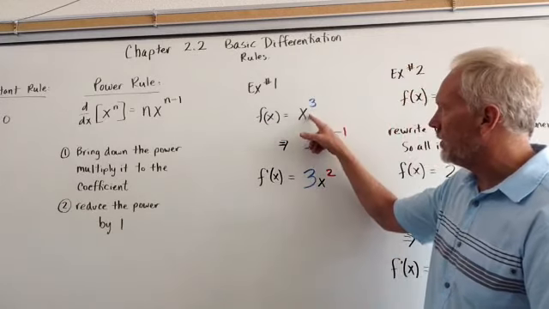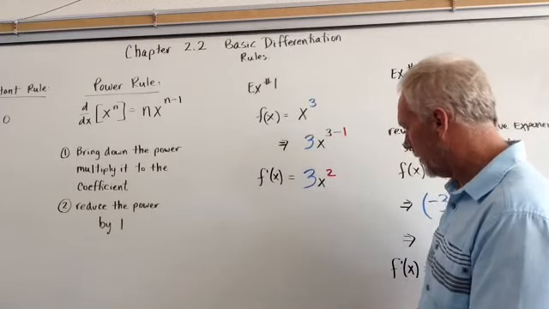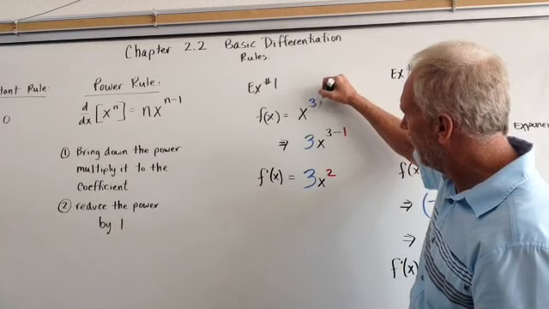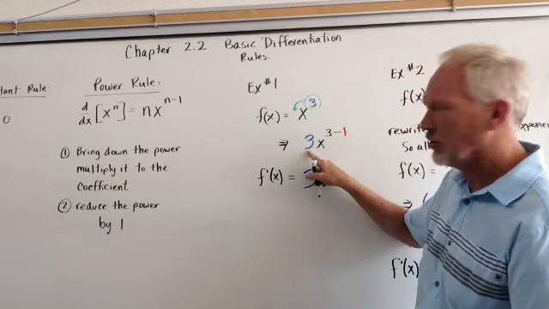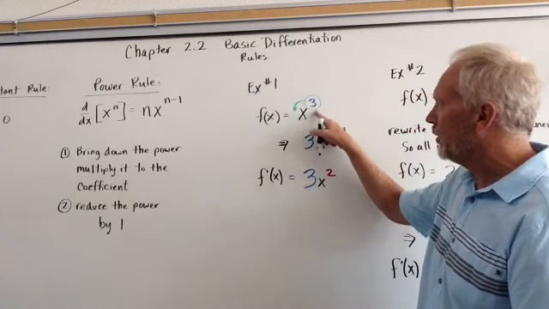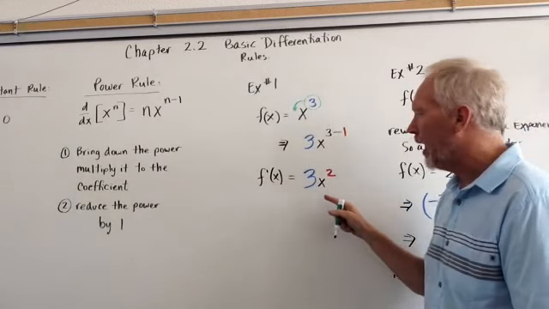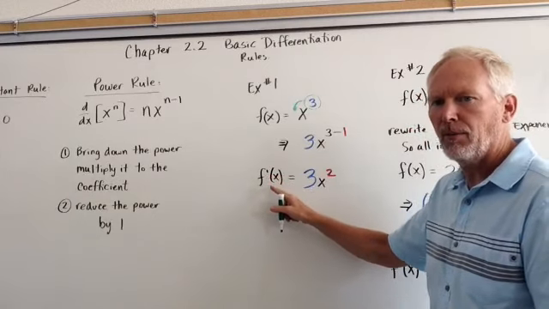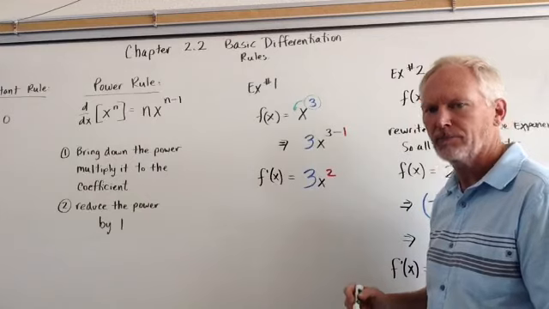Again, we bring the power down. I'm taking this 3 and bringing it down front. Then I reduce the initial 3 by 1, so 3 minus 1. And we end up with f prime of x is equal to 3x squared.